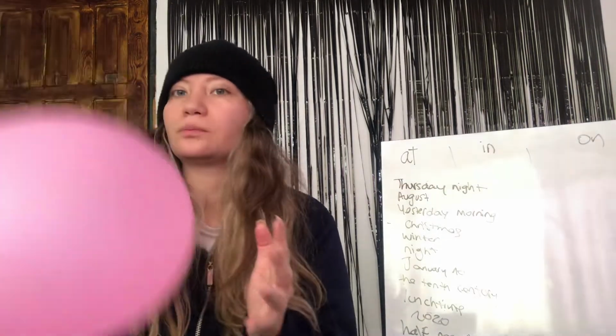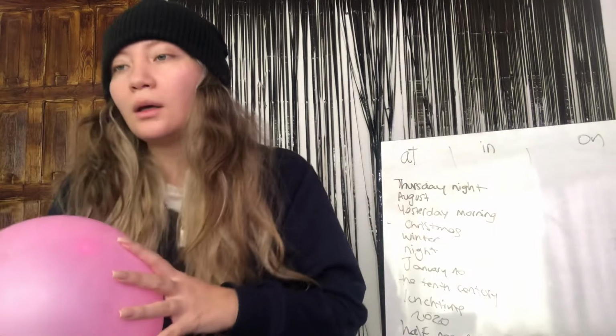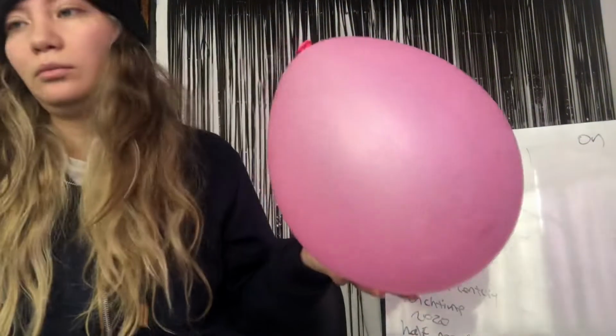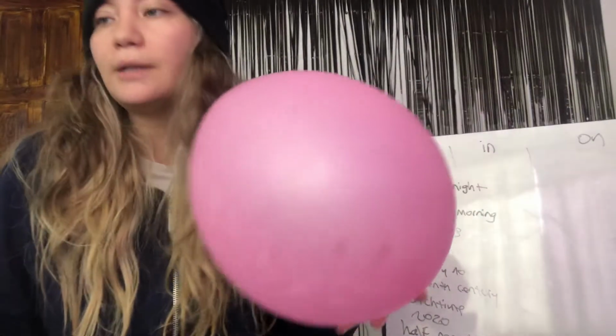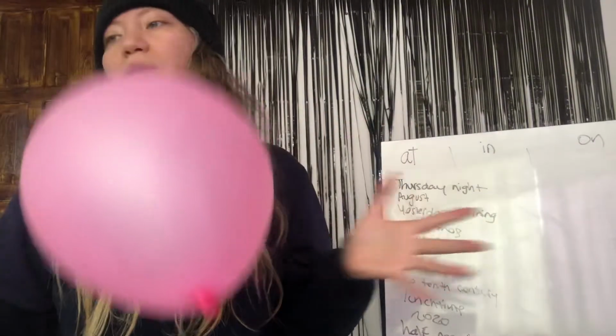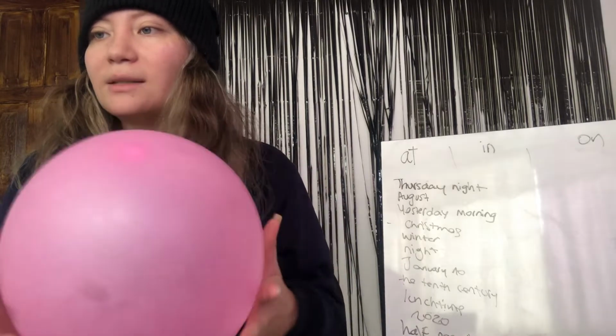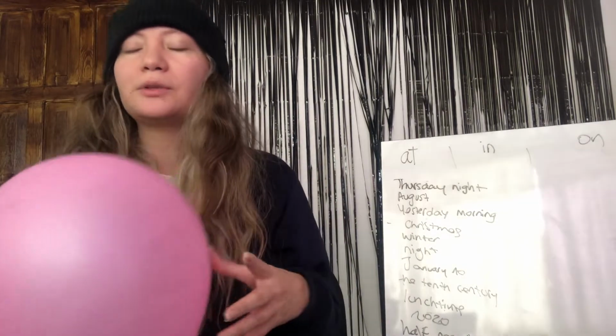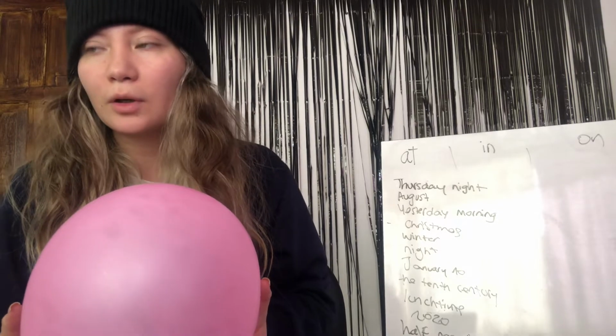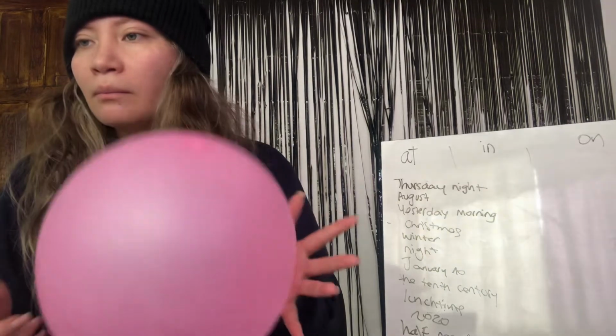For this activity, we're going to make a game. Okay, you're going to practice prepositions of time, and we're going to use a balloon. You're going to pass this balloon while the music is playing and when the music stops, the student who has the ball must make a sentence using one of the prepositions of time. Okay, you have to do it quickly.